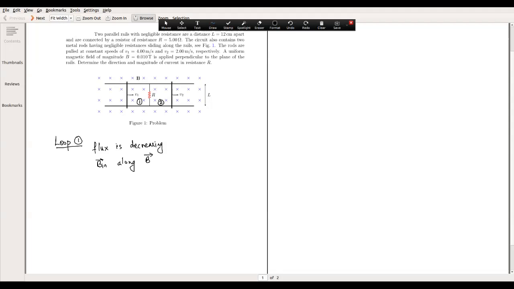So that means the current I in loop 1 is clockwise, which is equivalent to having a power source. If we think of loop 1 in this form, so that's your resistance and the rod. So this is loop 1 here. It is going clockwise, so the equivalent power source that you will have to connect is in this direction.